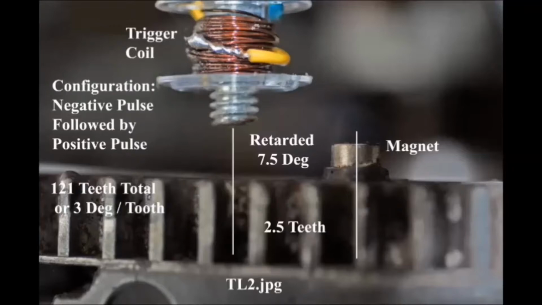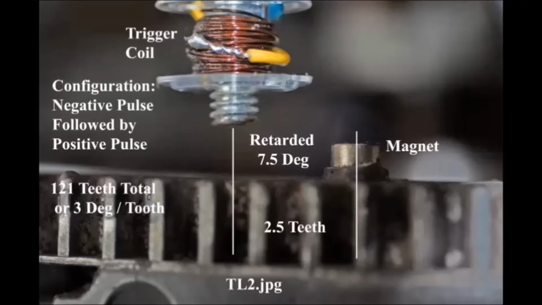If you hook it all up and just put the timing light on it, it'll tell you whether you've got the timing on target on the trigger coil or whether it's retarded. Under some conditions, you may want to retard the spark a little bit. For example, if you had a knocking condition that you wanted to correct, you could very easily just switch the wires and retard the spark.